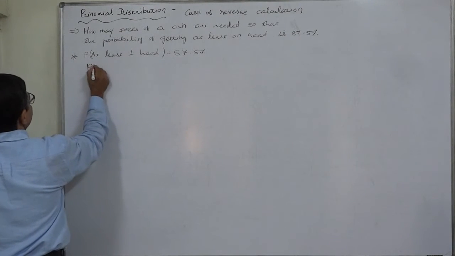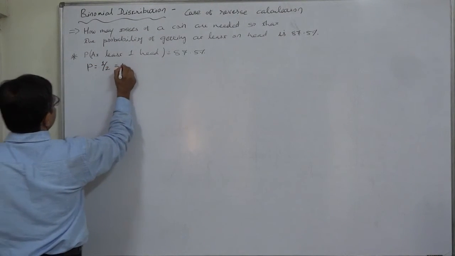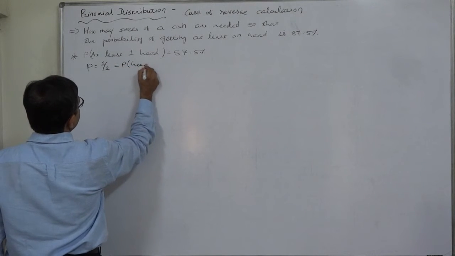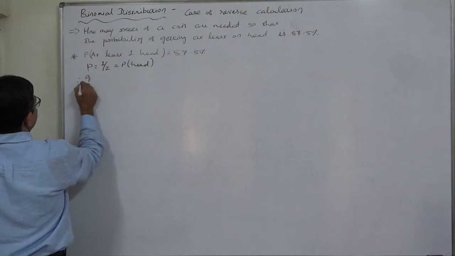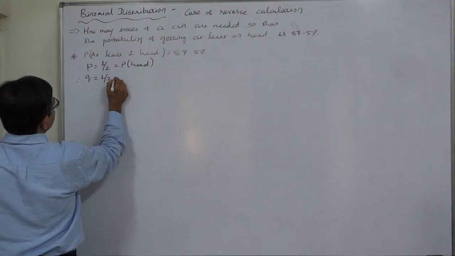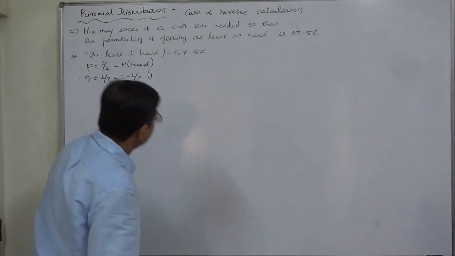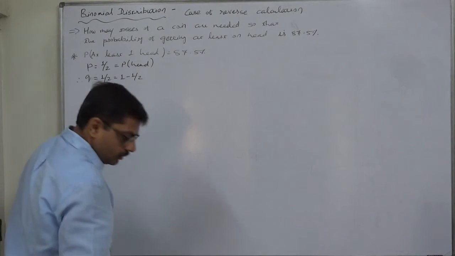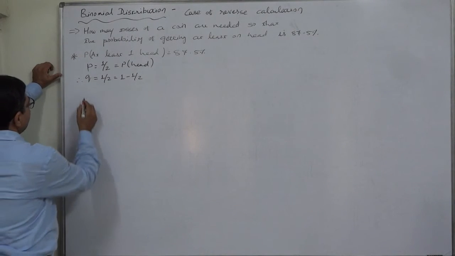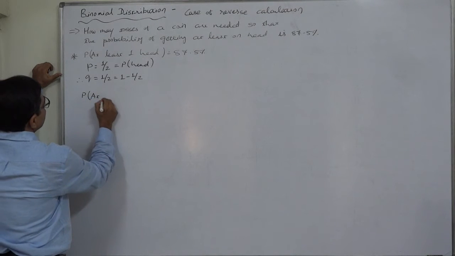So P equals 1 by 2, that is P of head in each and every trial, and therefore Q is also 1 by 2, that is 1 minus 1 by 2. Now, what do we mean by probability of at least 1?